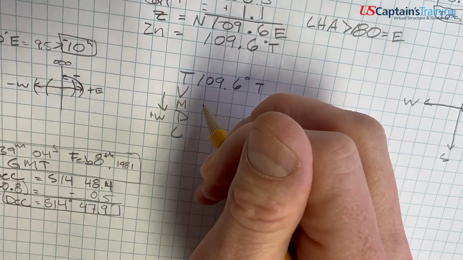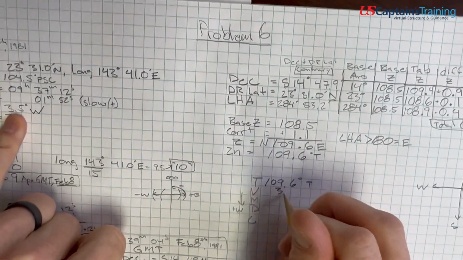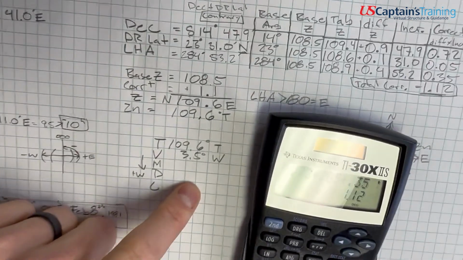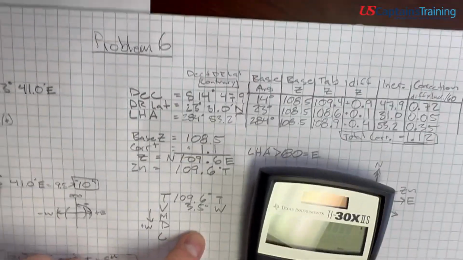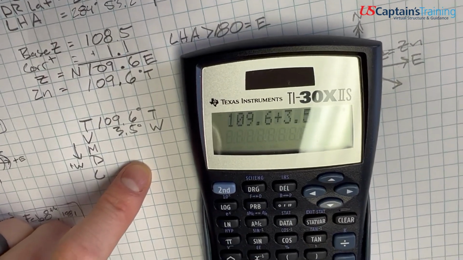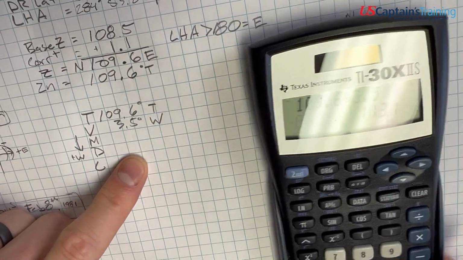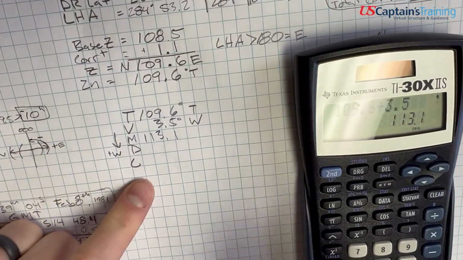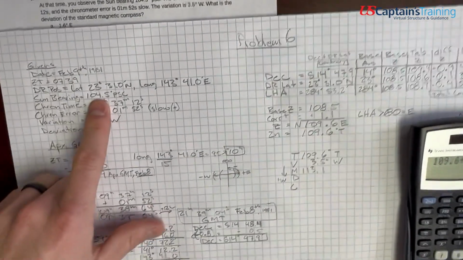Variation was given 3.5 degrees west. We're going down, so we add that. 109.6 plus 3.5 equals 113.1.